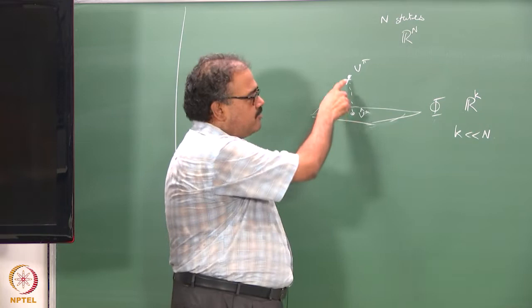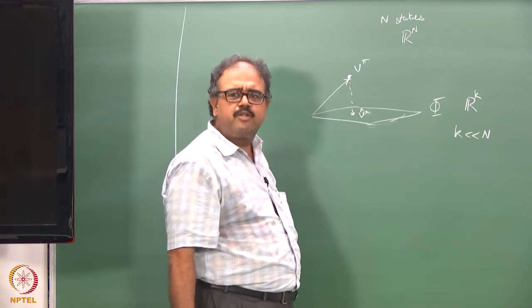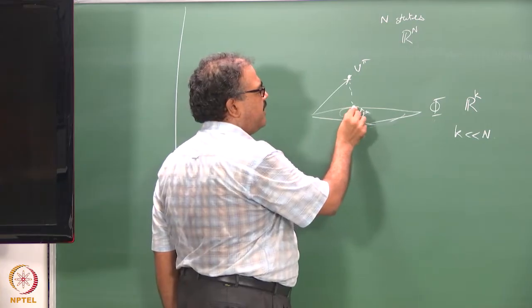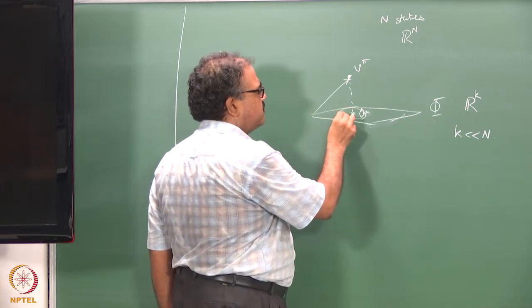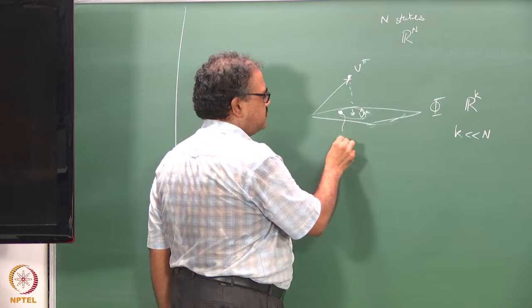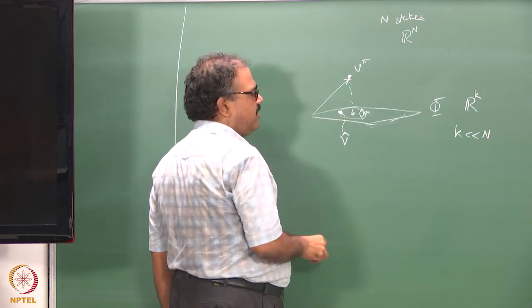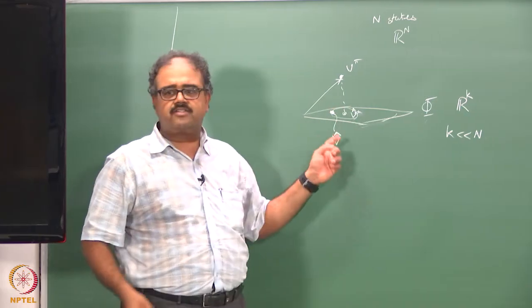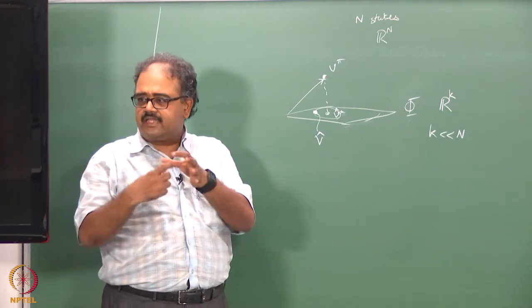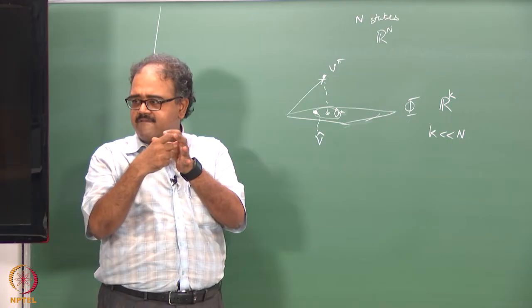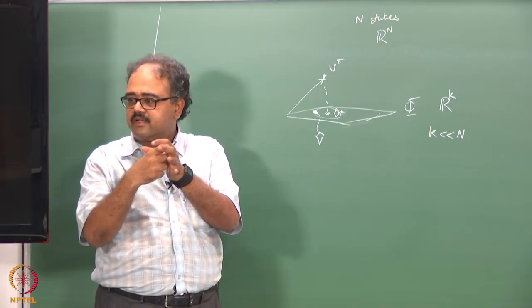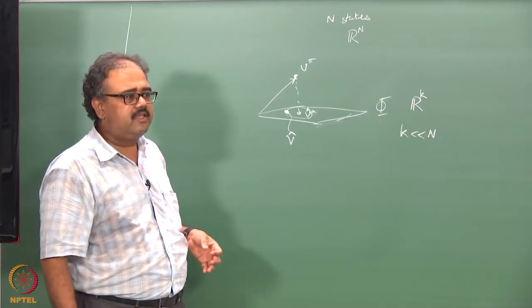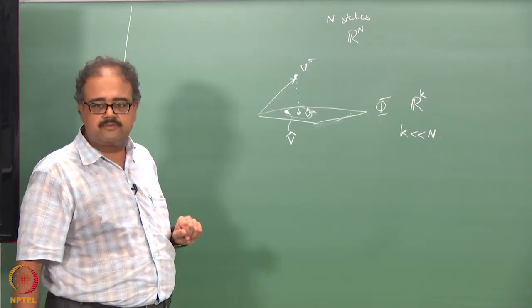So, v hat star would be the least squares projection, but it turns out you will not get it normally. What you can end up showing is you will converge to some v hat which is within a certain distance of v hat star. That distance to which you converge is bounded. This is basically what you can show.